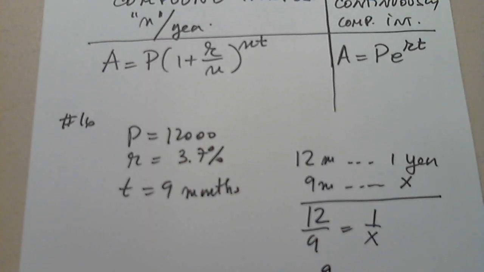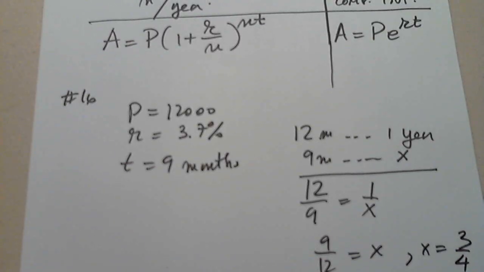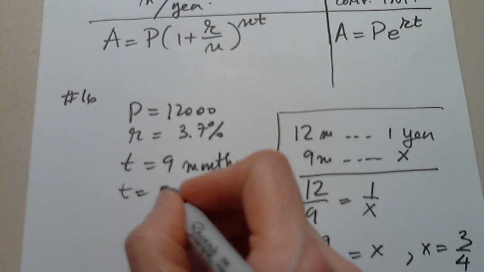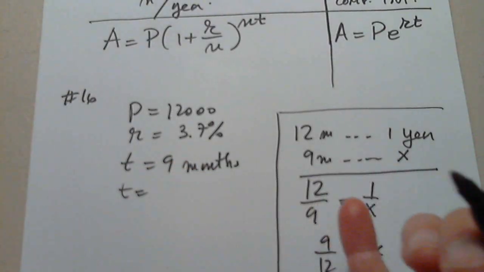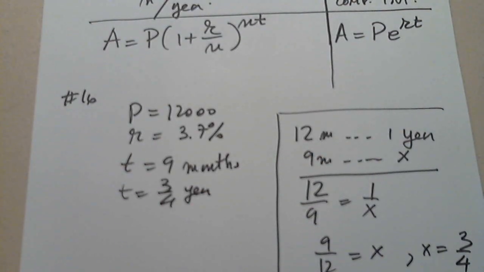So 9 over 12 equals X. We will simplify by 3, so we get X equals 3 over 4. So it's 3/4, which we knew. I just wanted to show you this side calculation. So it's 3/4 of a year. So you can change this into either 0.75 of a year or 3/4 of a year. And that is 9 months.